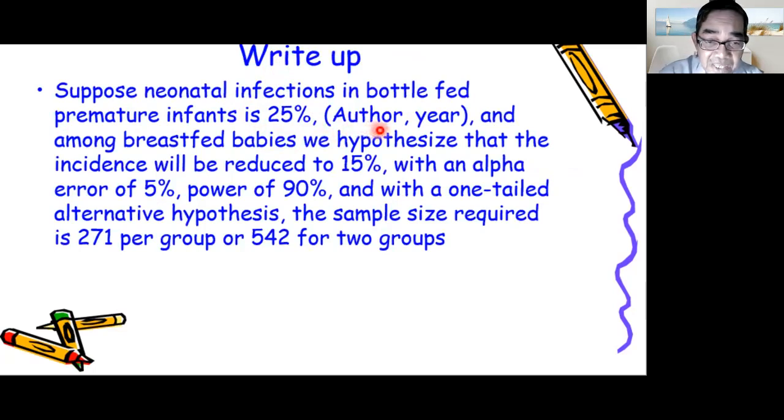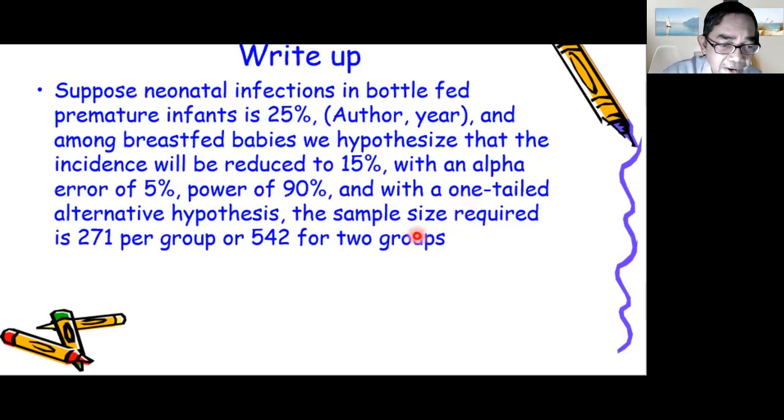I didn't provide it here, but you need to provide who the author is, and then the year, in parentheses. And among breastfed babies, we hypothesize that the incidence will be reduced to 15%, with an alpha error of 5%, power of 90%, and a one-tailed alternative hypothesis.